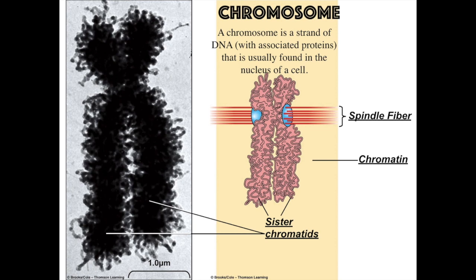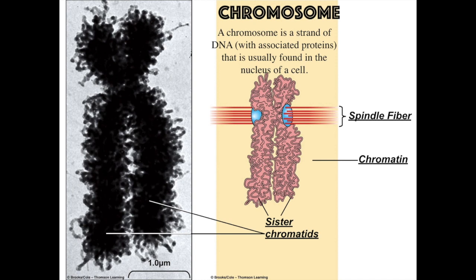If you look at the picture, there are two parts, a left side and a right side of the X. The left side and right side are called chromatids. Having two of them, they are called sister chromatids. What holds the chromosome together, that little pinching area, is called the centromere, and they're going to be pulled apart by something called spindle fibers, and we'll see that later on.